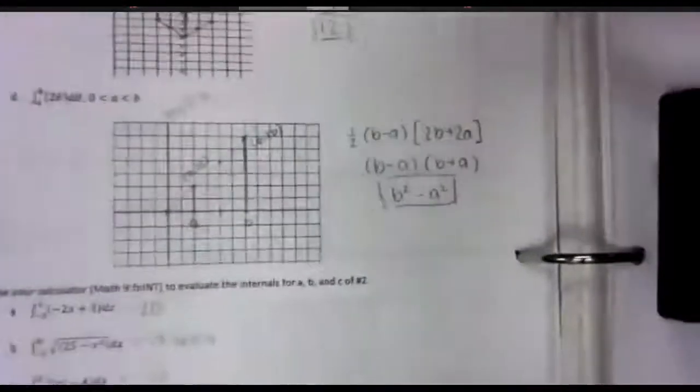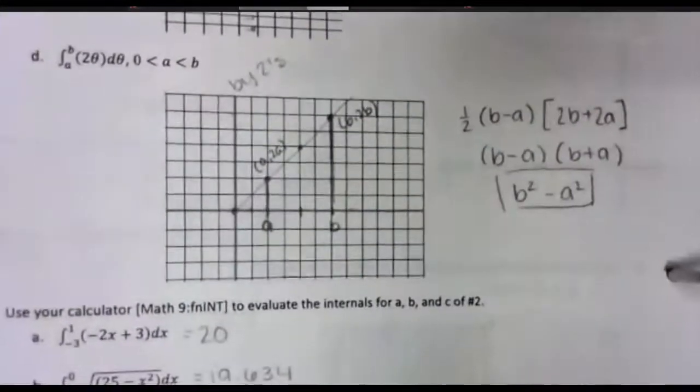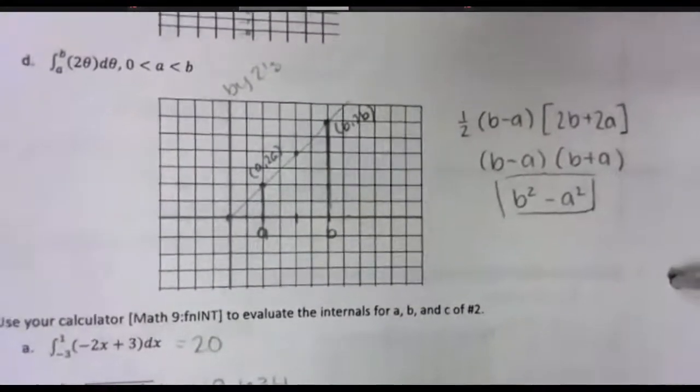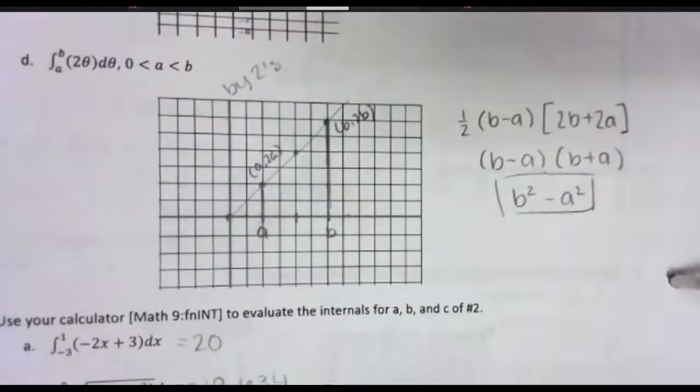Okay, and then on the back, I had you look at letter D. I liked letter D because it was generic. Once again, you had to graph your equation, which was 2a, or 2 theta, which is like 2x. You graph your function, and then pick any generic a and any generic b.